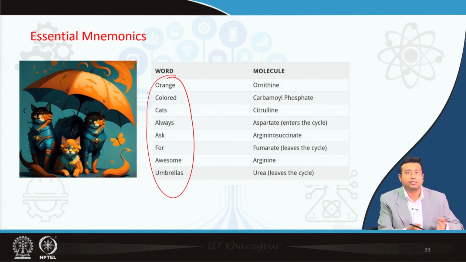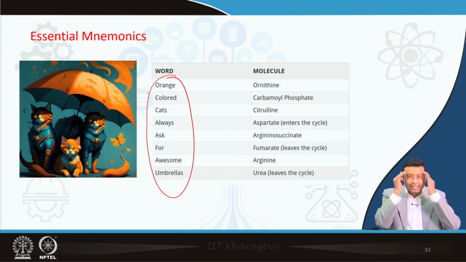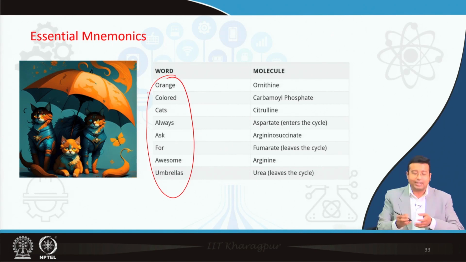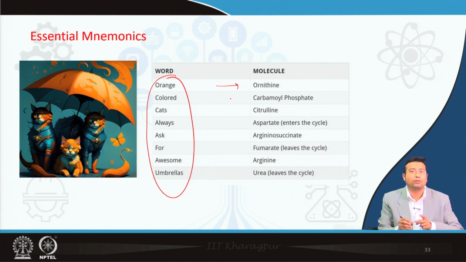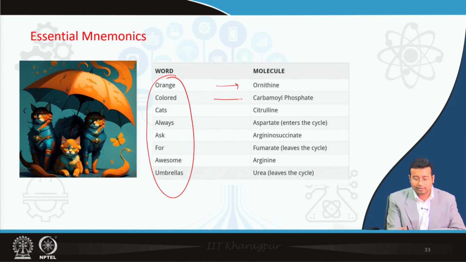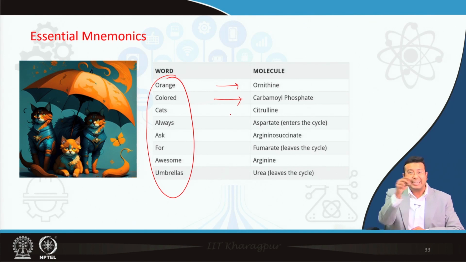I have given a pictorial illustration so that this picture might get imprinted in your brain. Let us see how beautifully all the molecules are denoted in sequential order in the urea cycle. Orange: ornithine, the first molecule to take part in the urea cycle. Next, carbamoyl phosphate enters and combines with ornithine to form citrulline: orange colored cats.